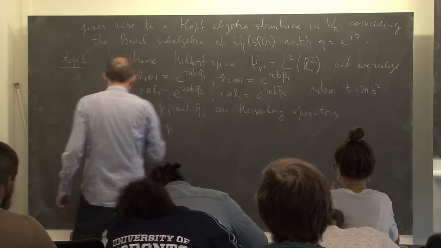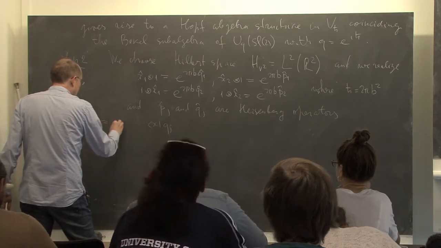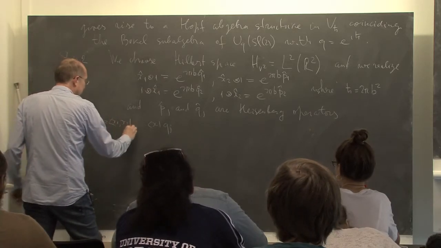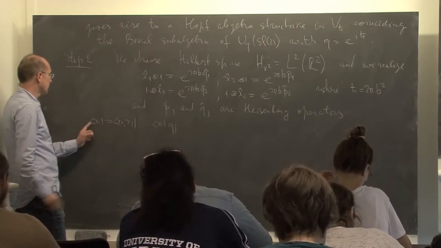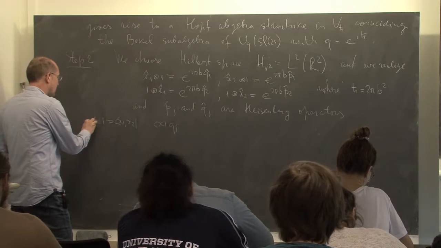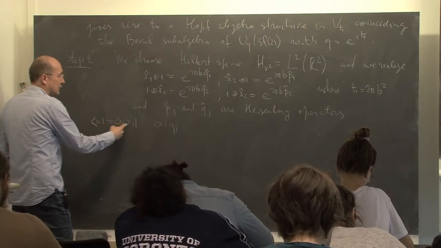So |X> by definition is a two-component thing. I'm using the Dirac bracket notation, so the ket with a label X means a vector with two components.